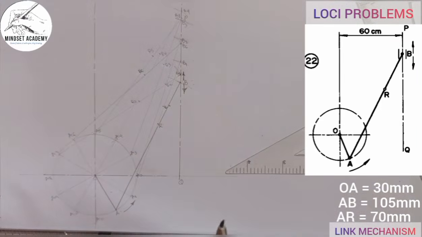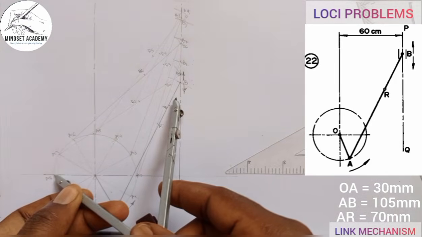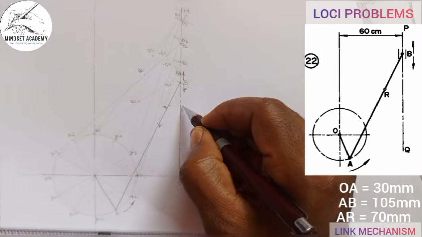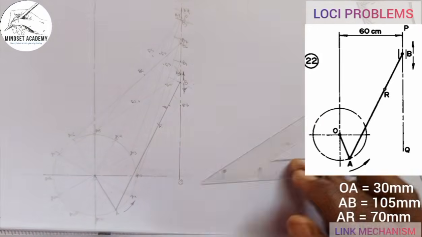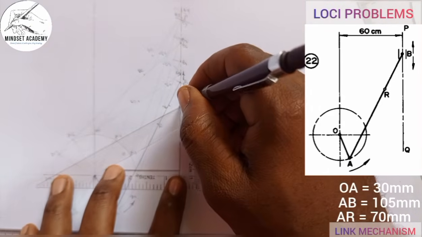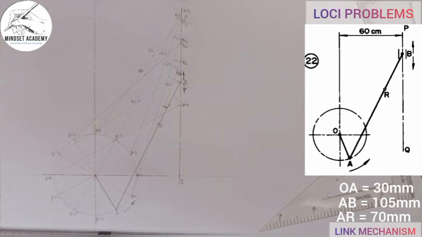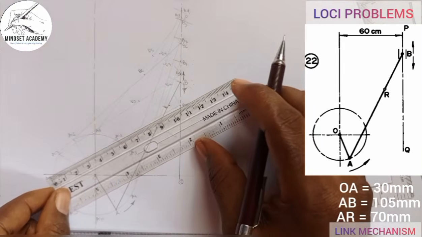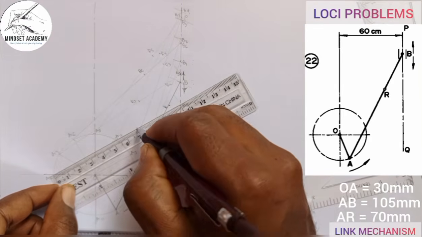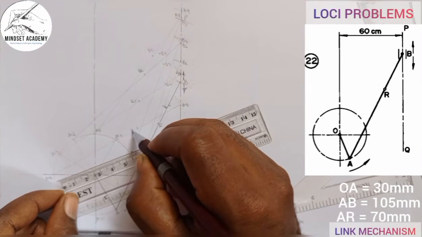Similarly, from A8, I'll come and mark on that line, where it meets here will be my B8. I'm going to join A8 to B8. Now on that line, I'll mark 70, from 0 to 70. That'll give me my R8.